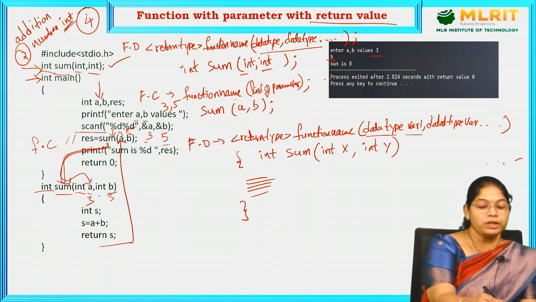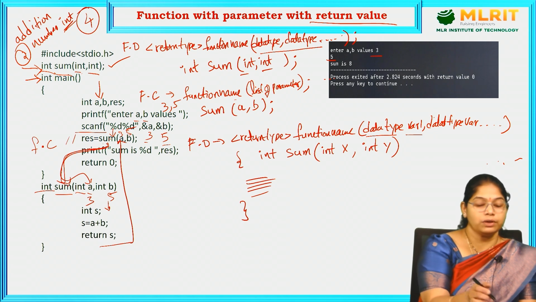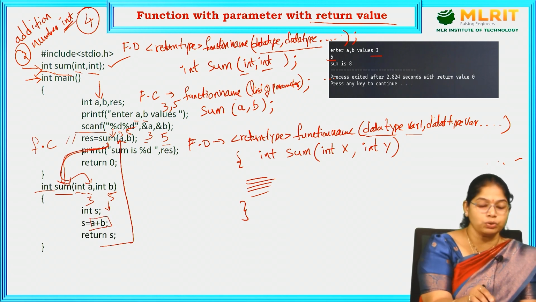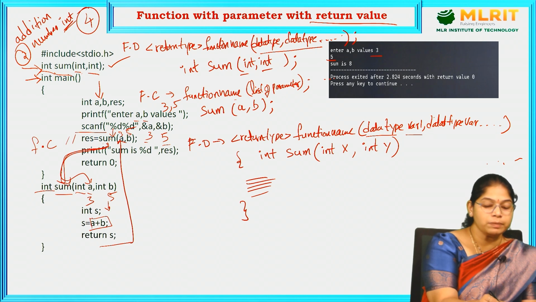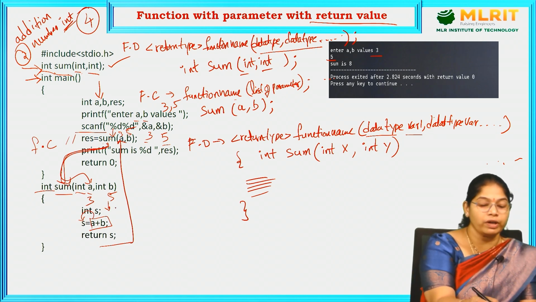Then in the function definition, int s, one more variable I consider, because after performing addition of these two numbers, the result must be stored in another variable. For that purpose, here I consider one more variable called s.